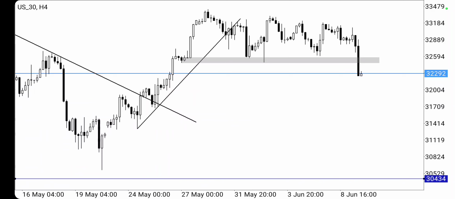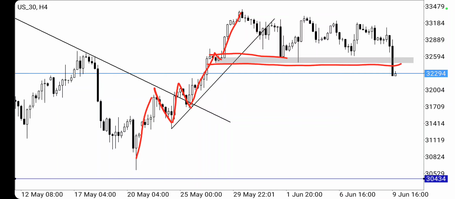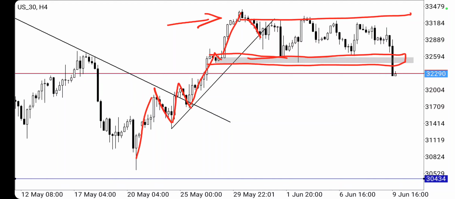And now on H4, we were moving up, and the last support that we had before the trend line was broken was this one. This is the area that made this move and broke the trend line, right? Which means it's a nice area.